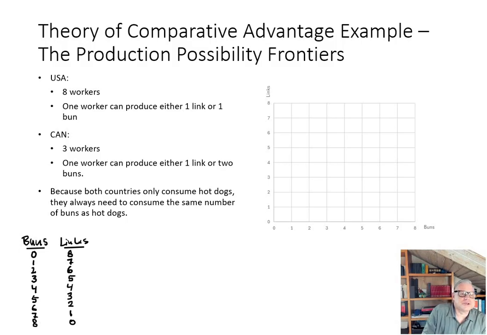So maybe I just call that worker allocation. And then the next question is, how much is the output of buns and links?